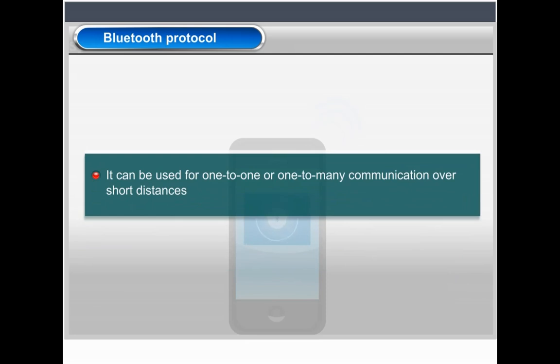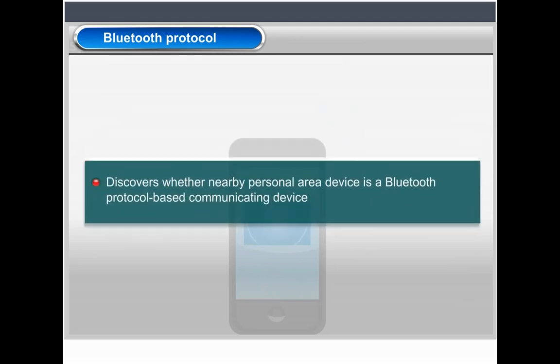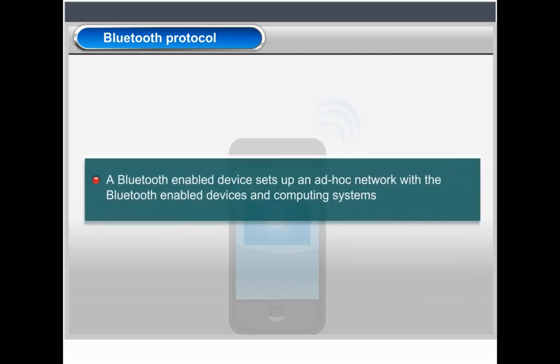Can be used for one-to-one or one-to-many communication over short distances. Discovers whether a nearby personal area device is a Bluetooth protocol-based communicating device. A Bluetooth-enabled device sets up an ad hoc network with the Bluetooth-enabled devices and computing systems.